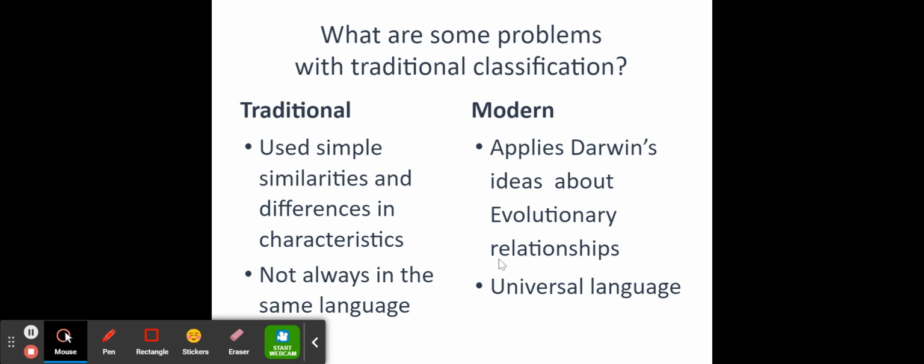And the other thing with modern classification is it uses that universal language so that biologists all over the world, it does not matter which country you're in, will be talking about the same organism and they'll know they're talking about the same organism. It takes out the guesswork or middlemen.